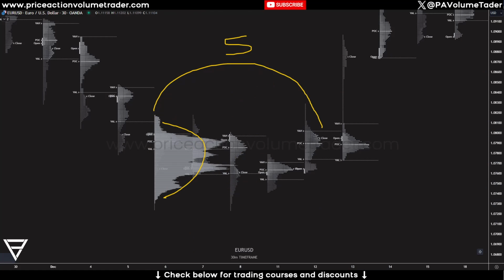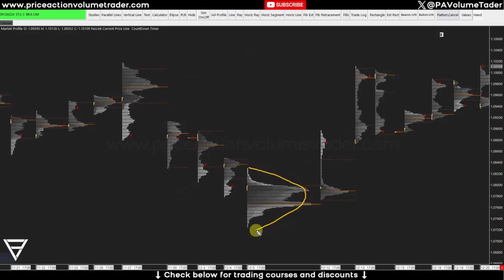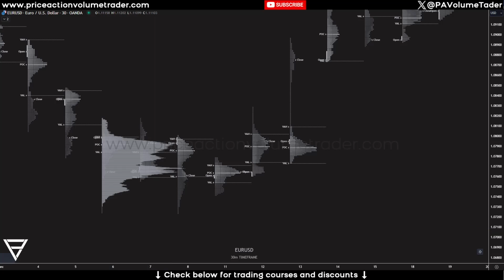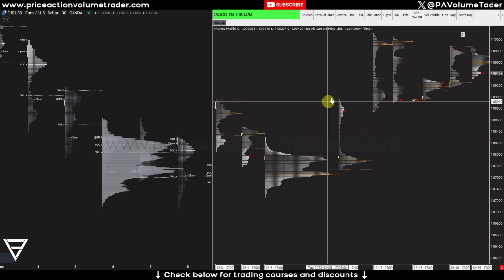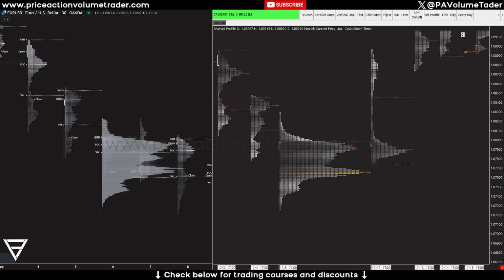So this fixed range volume profile is basically going to be very similar to the 5-day composite from the market profile. The value area high, low, and point of control might deviate a little bit, but you can see that structurally, if I move this over here and bring up Sierra, these two overall are pretty similar side by side.